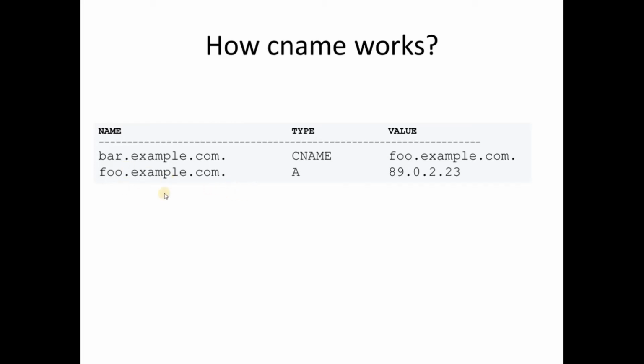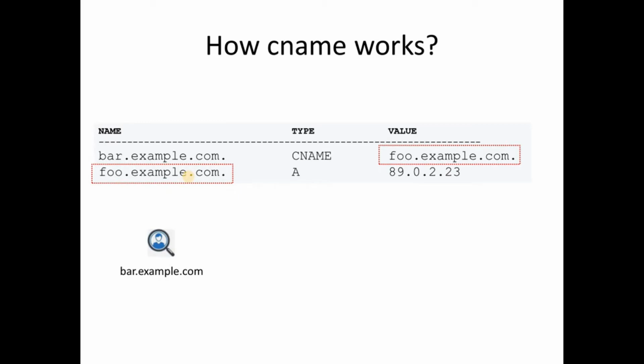So what exactly happened? Bar.example.com is mapped with foo.example.com, which is typically an A record mapped to an IP.